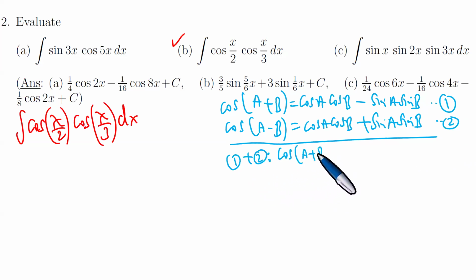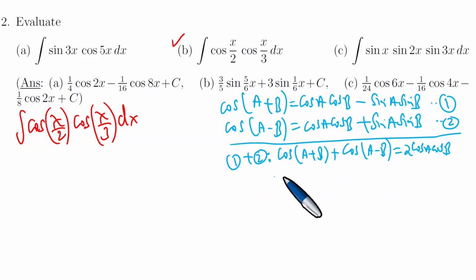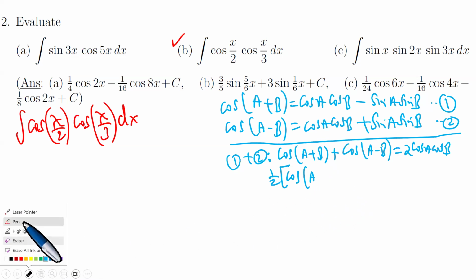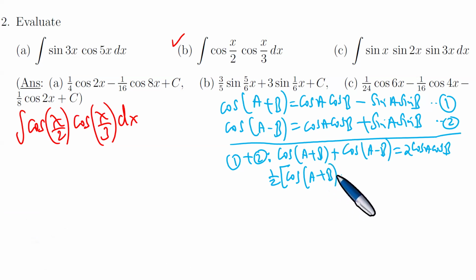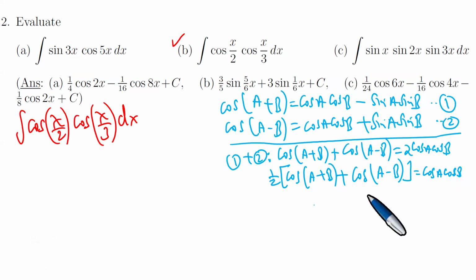So it is the cosine of A plus B plus the cosine of A minus B, which is 2 cosine A cosine B. Cosine of A plus B, and then this one is cosine of A minus B. Okay, divide it by 2 and then you get cosine A cosine B. All right, so that in the end, cosine A cosine B, you write it like this.